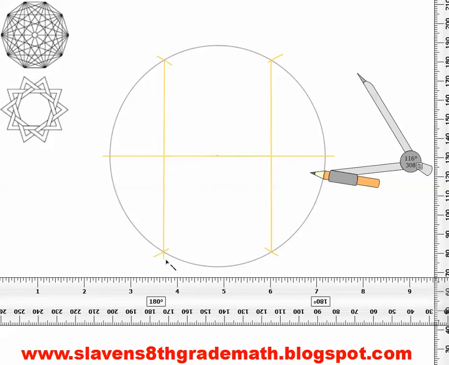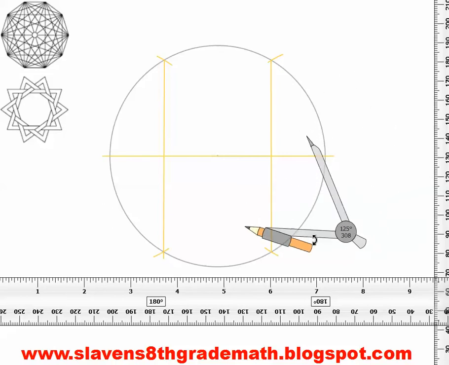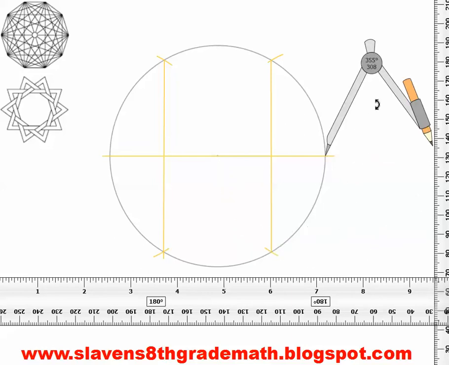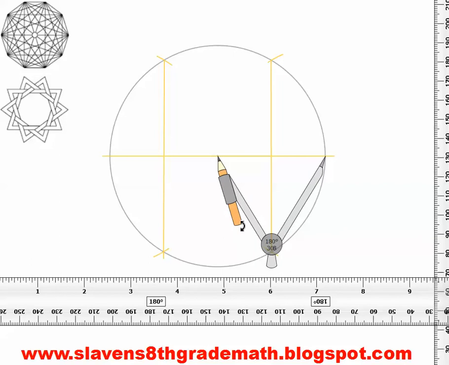So now I need my perpendicular bisector. So to create my perpendicular bisector, I'm going to place the compass point at the intersection of one of the circles and the diameter.